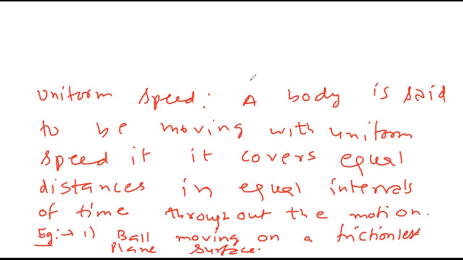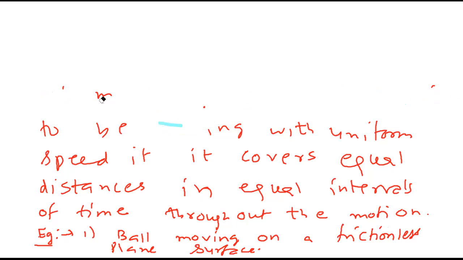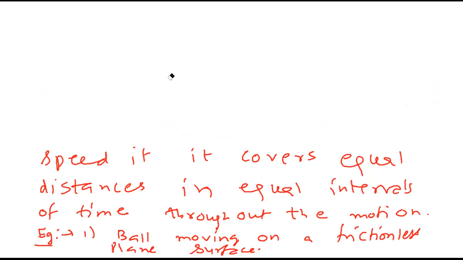One more example we can try. Second, uniform circular motion has the same speed throughout.